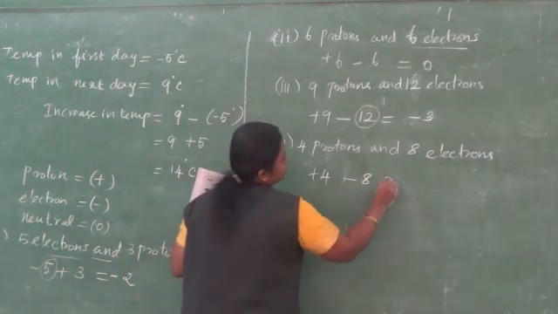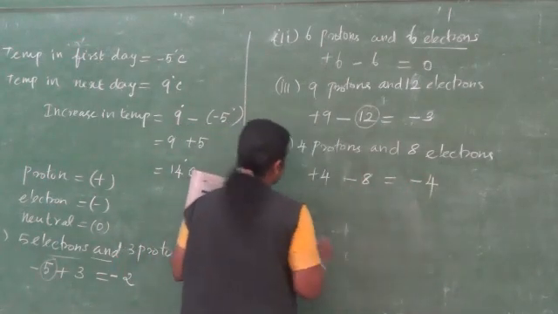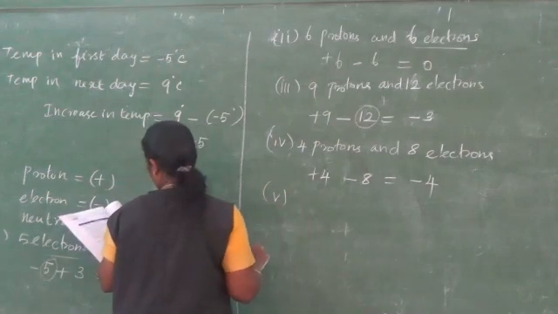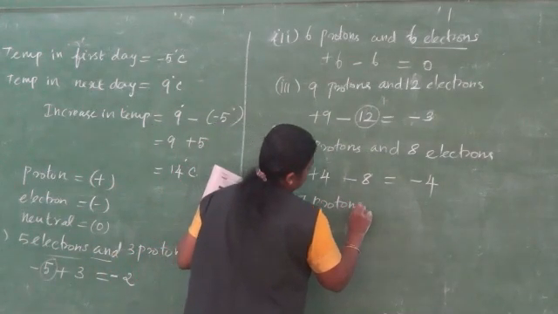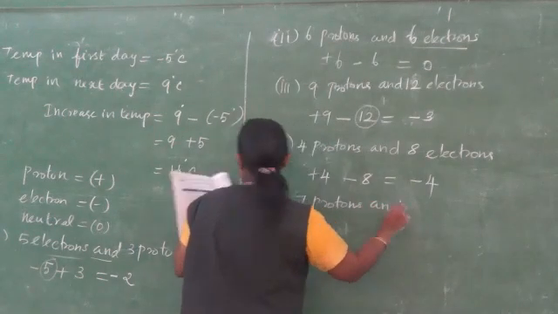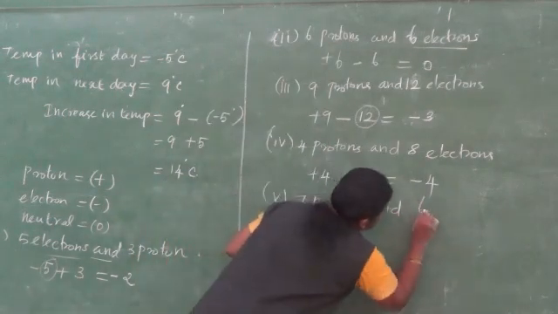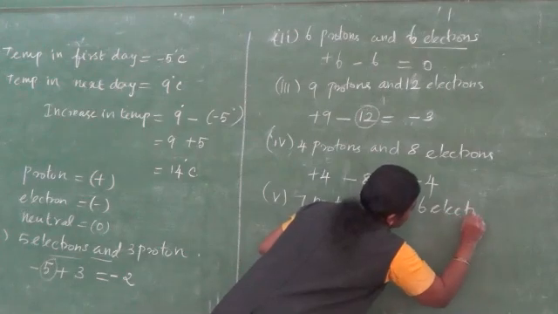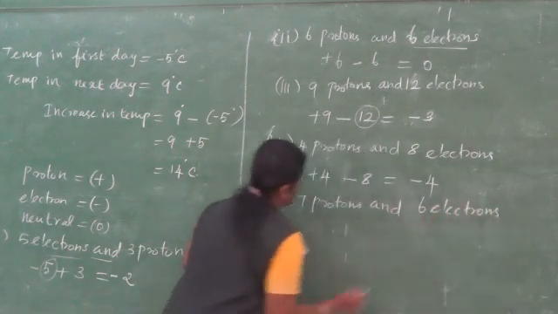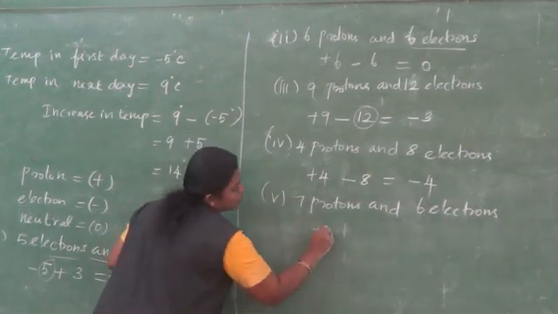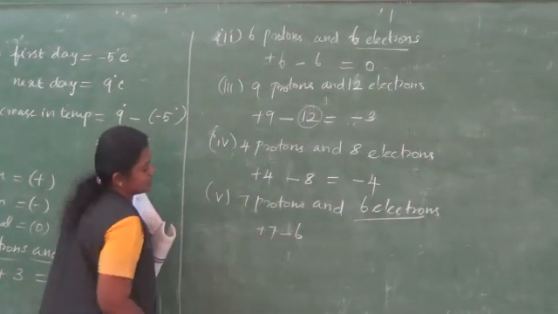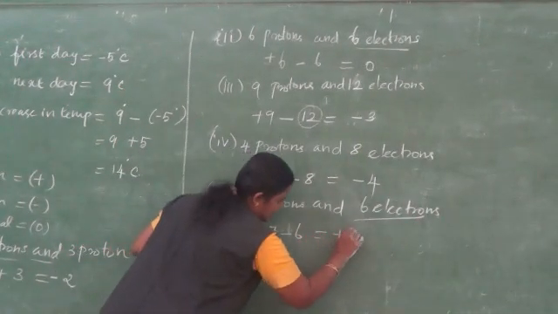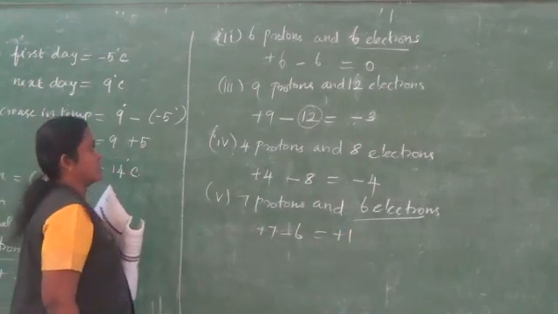Plus 4 minus 8, what is the answer? Minus 4. Fifth one, 7 protons and 6 electrons. Now 7 protons, you know, positive. Here 6 electrons, immediately you can say minus 6. 7 minus 6, answer is plus 1.